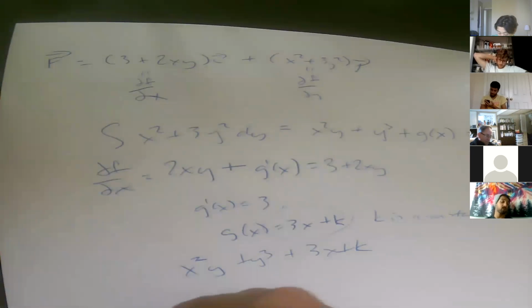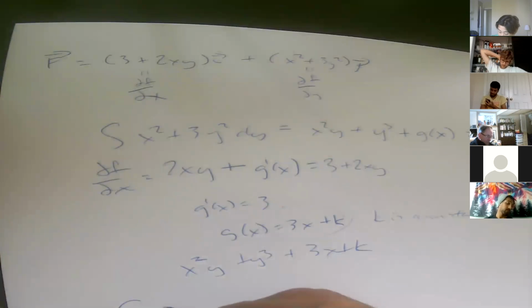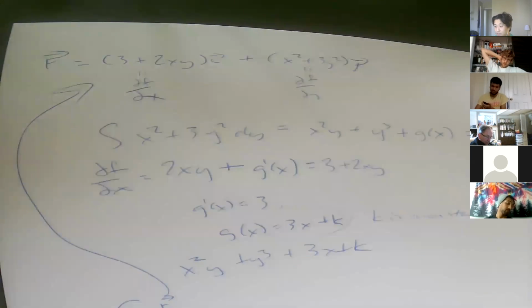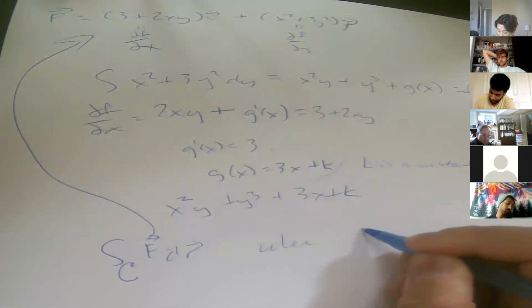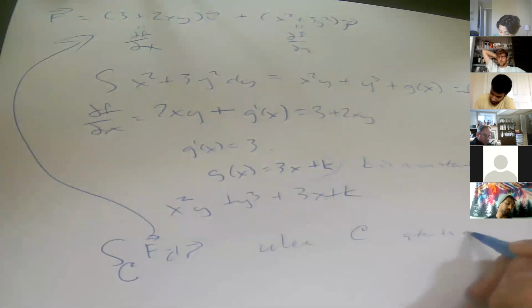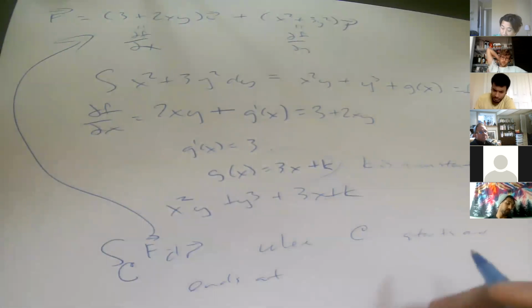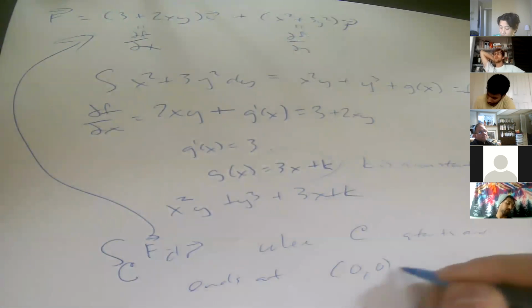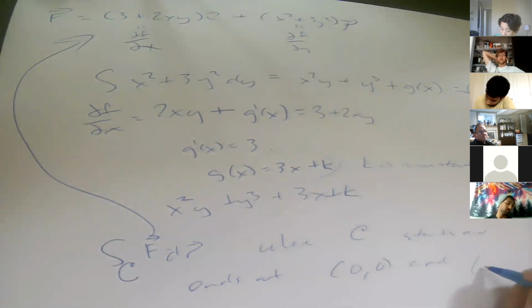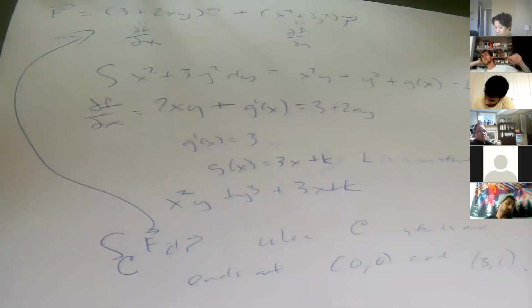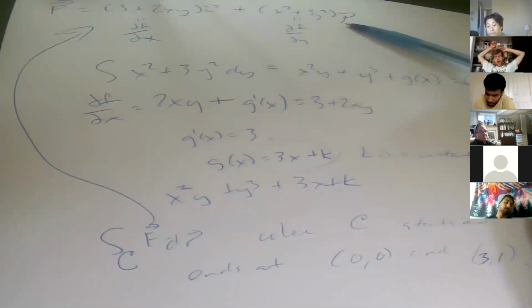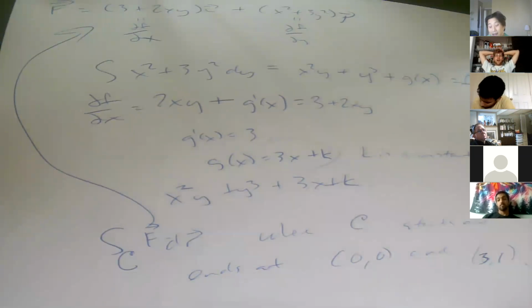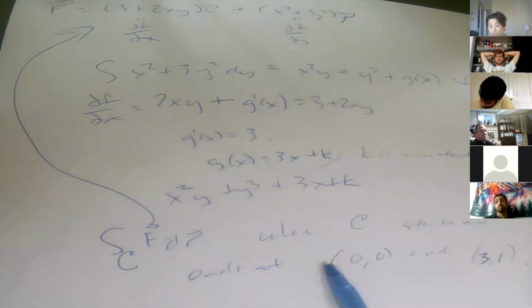Let's do the integral over C of F dr, where C starts and ends at (0, 0) and (3, 1). Note, this is a conservative field, right? It doesn't matter what C looks like. It only matters where it starts and where it ends, right?